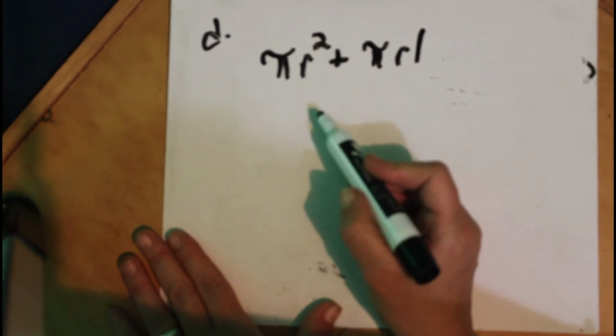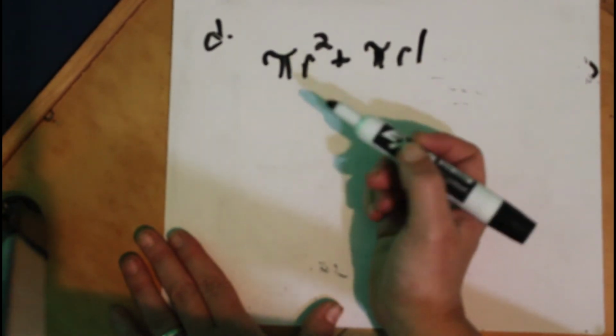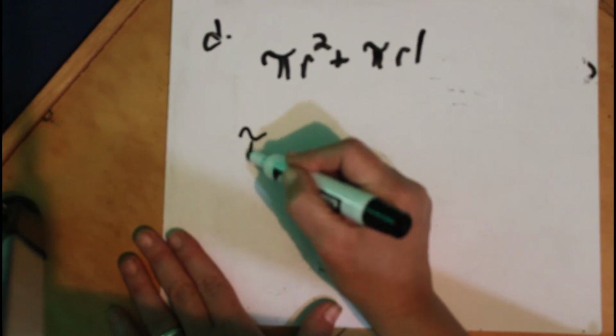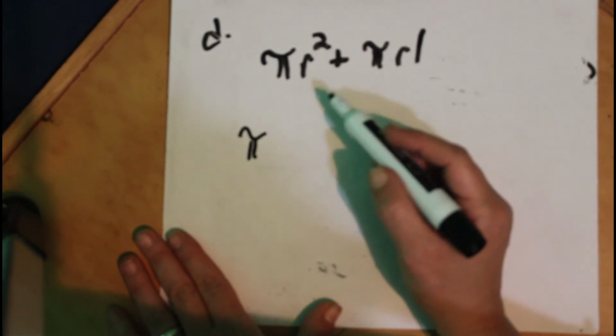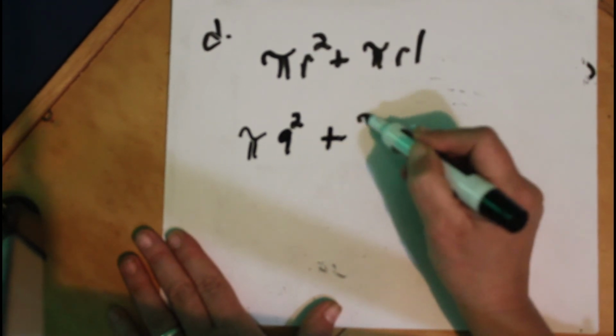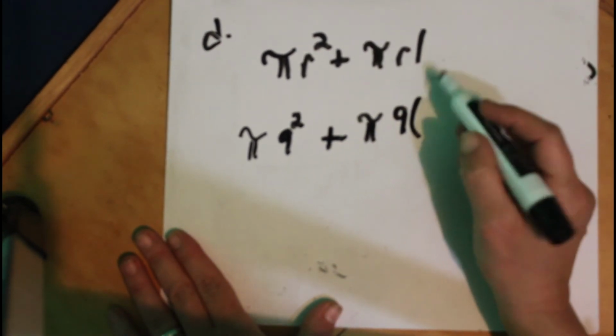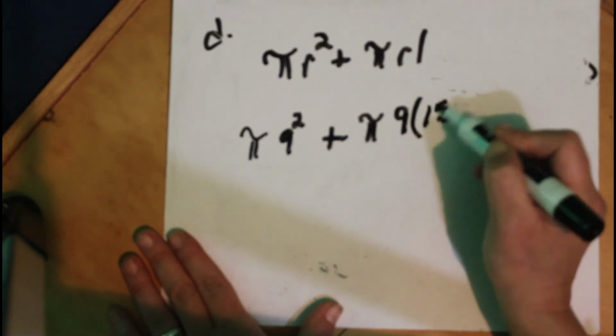Okay, r is going to be our radius, l is going to be our slant height. So it's going to be pi, radius is 9, plus pi, radius is 9 again, and l is 15.